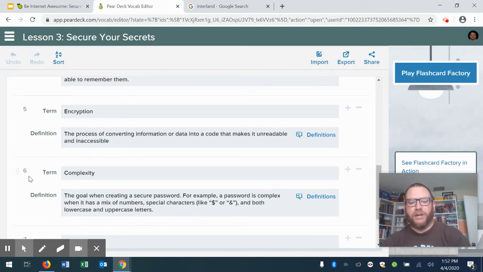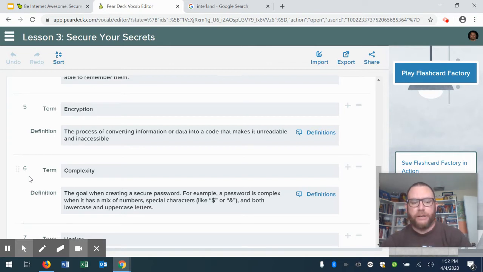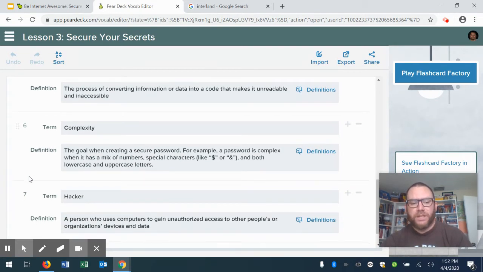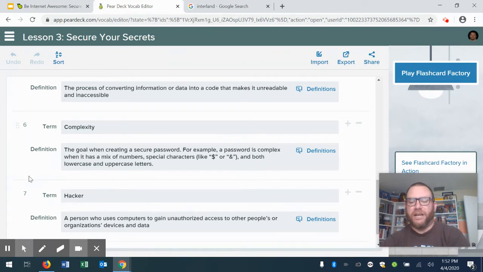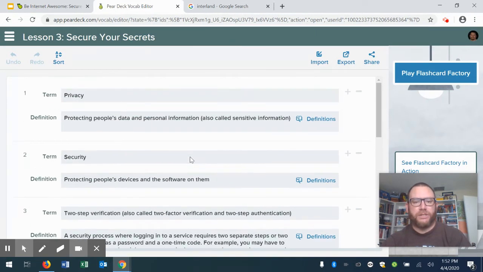So a lot of times they'll ask you for a mix of numbers, special characters, uppercase, lowercase letters, because it adds complexity. If someone's trying to hack your password, it becomes much harder.